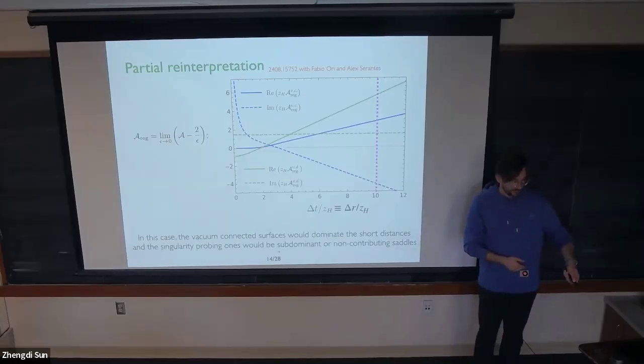And as a result, coming back to the original plot, for this range of separations, only the vacuum connected branch is the one that we have to consider. And then for larger separations, perhaps we have to consider both, but because we also want to minimize the real part of the area, it's going to be the vacuum connected branch that keeps dominating, right?